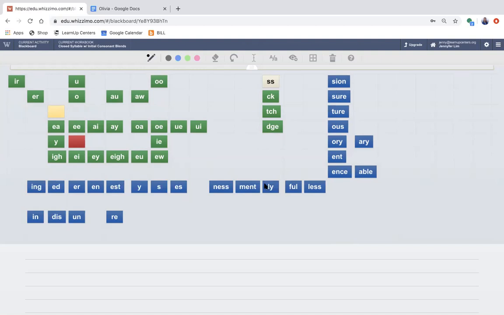Good job. What about full of? Good job. Without? Quality of? Result of? Made of? Good job. And then plurals?